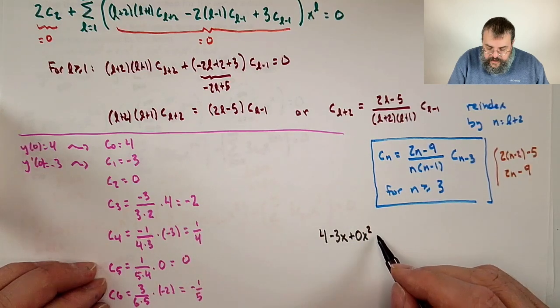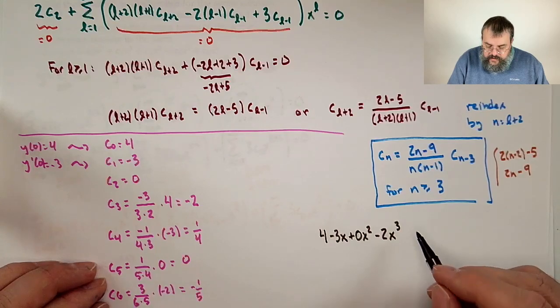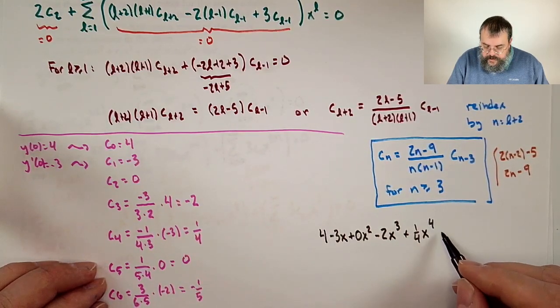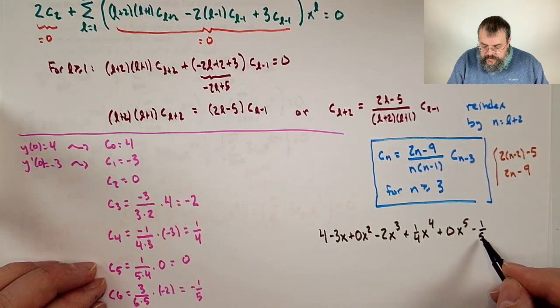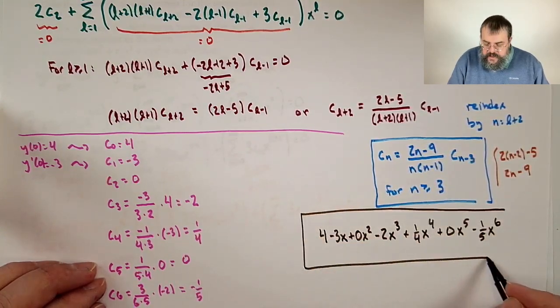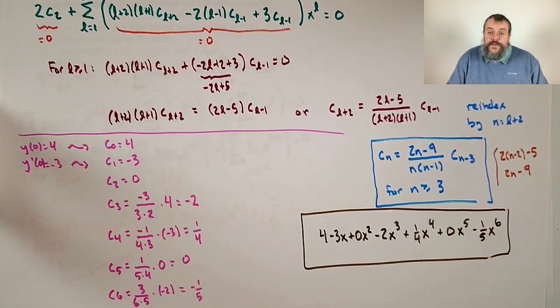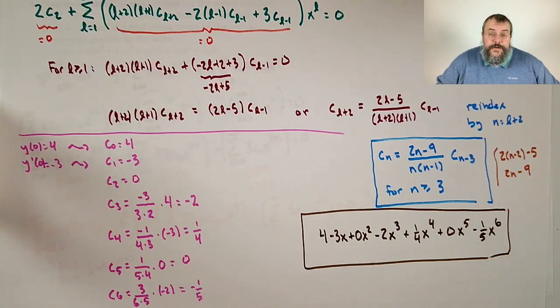Then minus 2x cubed, and then plus 1/4 x to the 4th, plus 0 x to the 5th, minus 1/5 x to the 6th. And so there is the start of the solution. That's not so bad. And this will be a fairly reasonable solution in the range close to 0. So we can actually get some good information.